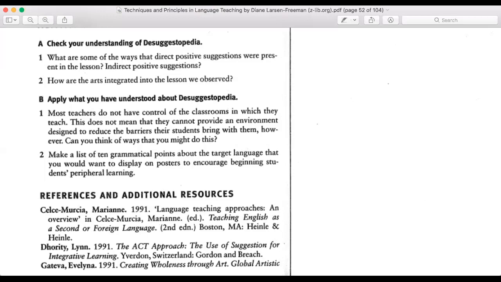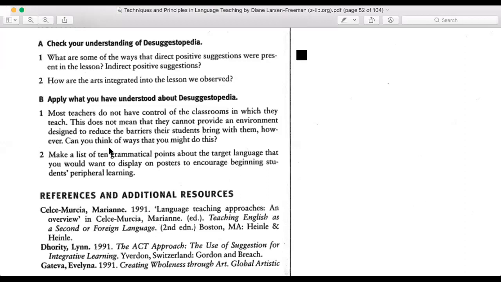Other than that, if you are teaching them anything that is descriptive, you will make use of adverbs, adjectives, and nouns, of course, for the description. So in peripheral learning, you can teach them, or you can display for them these grammatical items, right? I hope this is clear to you.